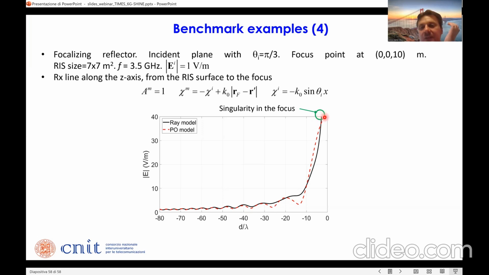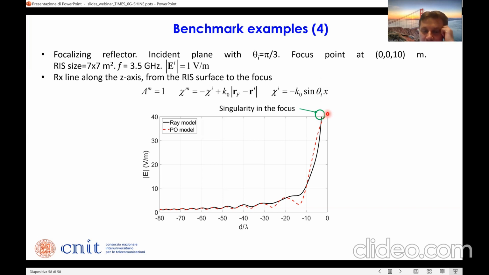When we go beyond and approach the focus, the predicted field by the ray model starts diverging, so it's not reliable anymore.